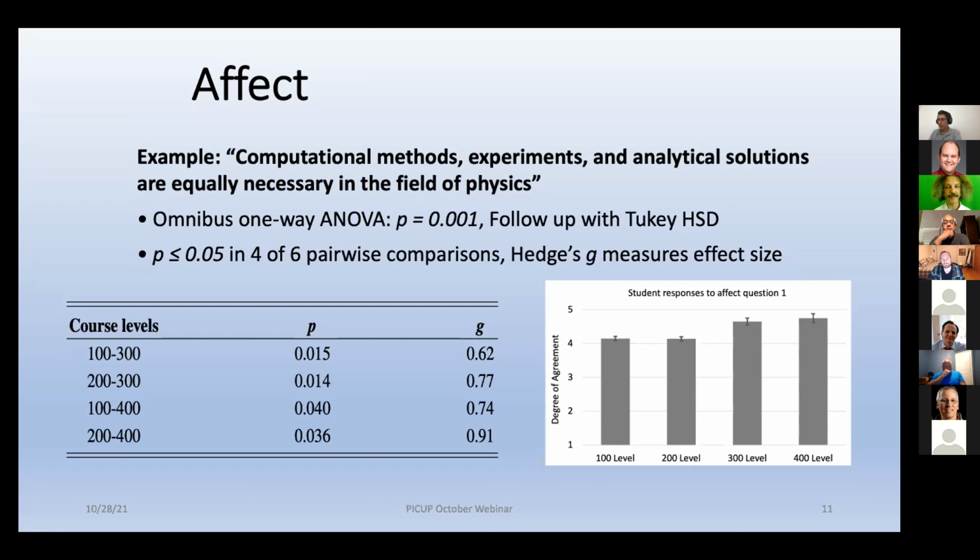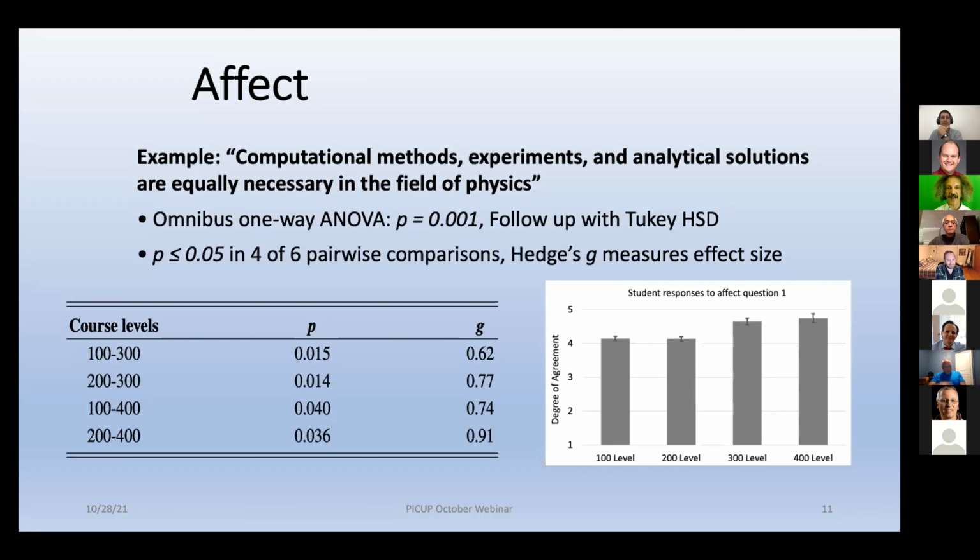And basically because we have significantly different numbers of students in each of these bins, way more students in the 100 level bin than in the 400 level bin, for instance, we use a Hedges G instead of a Cohen's D to characterize these effect sizes. For those of you who are familiar with these things, they're all scaled about the same way.